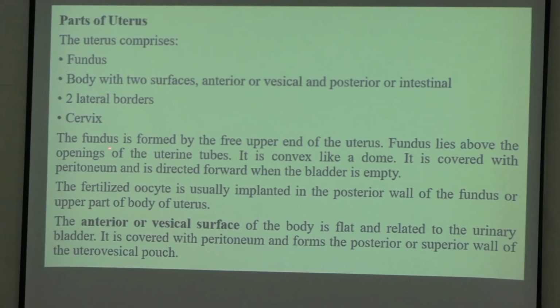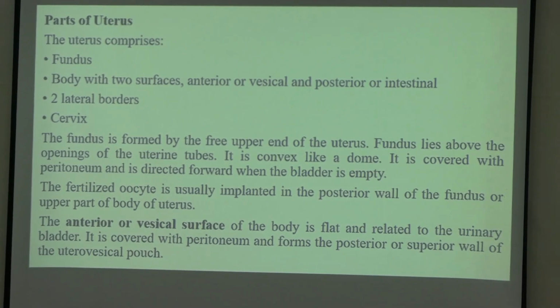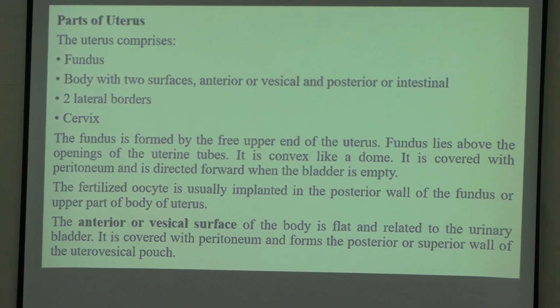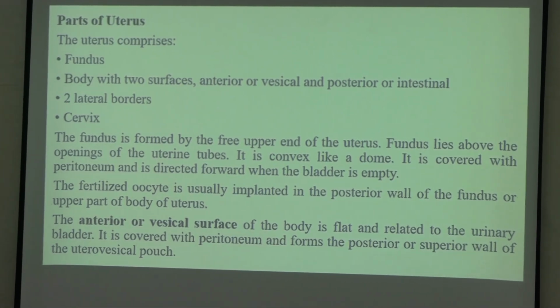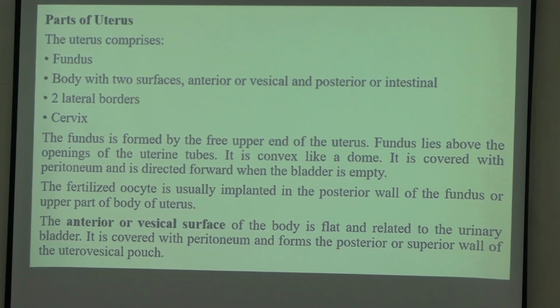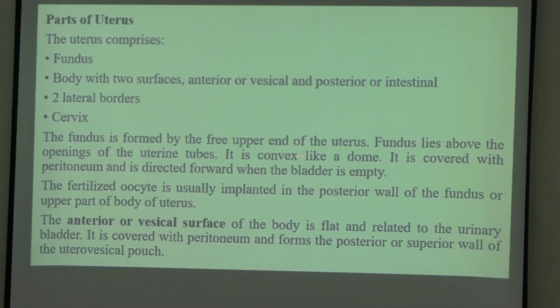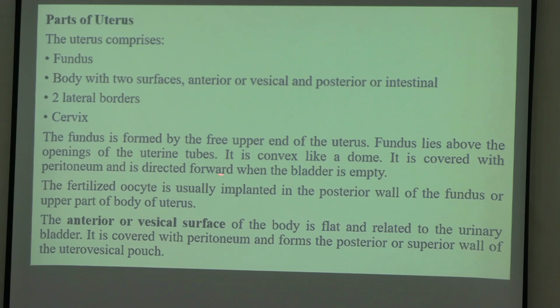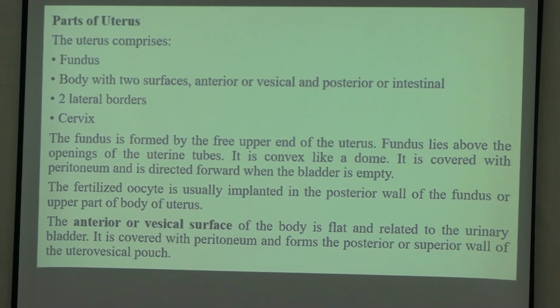Now, I have already mentioned that the fundus forms the upper part of the uterus, which is convex and dome shaped. There is a very important point related to the fundus. It is covered by the peritoneum and is directed forward when the bladder is empty.